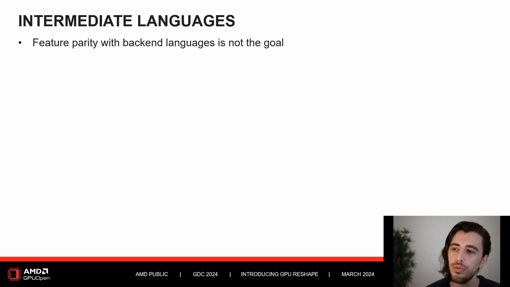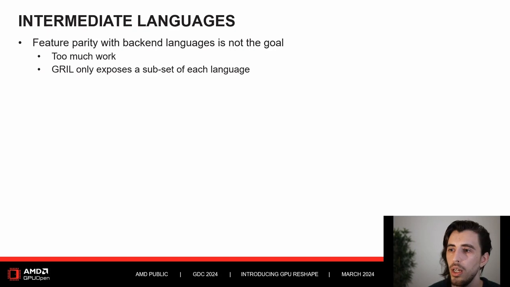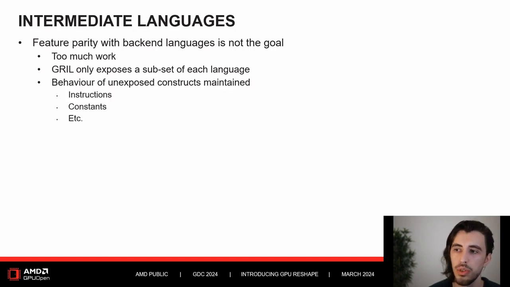But a full backend language abstraction is not the goal and would take far too long. GRIL instead exposes a meaningful subset of each language, with the behavior of the unexposed constructs kept mostly the same. For example, say you modify an image load operation which has unexposed operands, and you change the coordinates of the load for whatever reason. The behavior of the unexposed operands is kept intact.